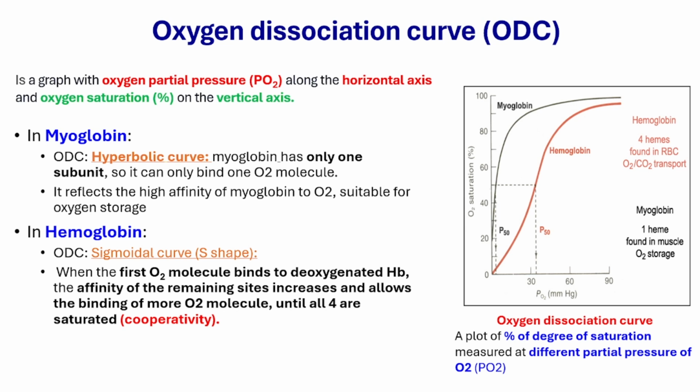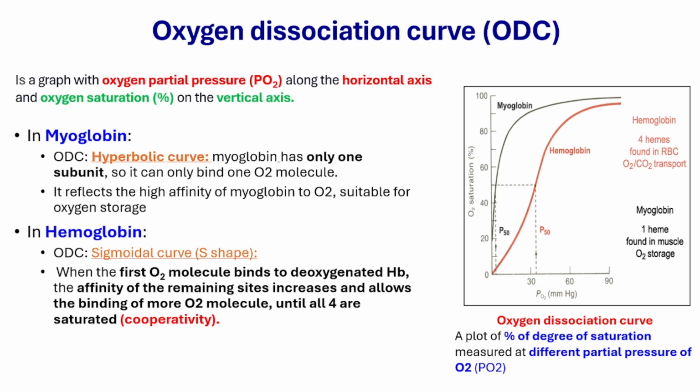Why? Because we have only 1 binding site. So from the first molecule, all the sites are already saturated, so we reach 100% already. Now for hemoglobin, we have 4 sites, so it will take more time.